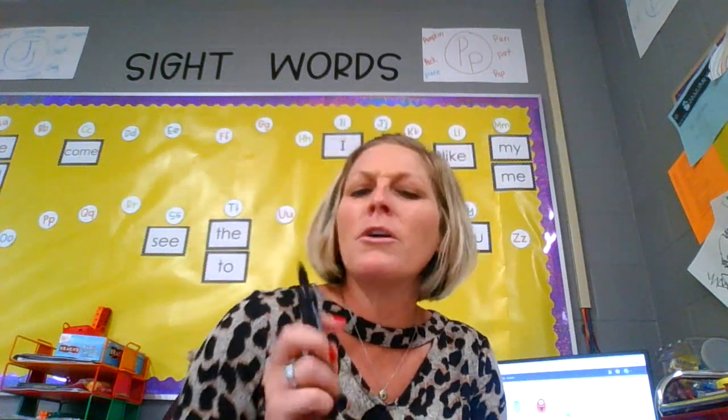And then we write a whole word and we put a space. So we need to make sure that we're doing that. And then we need to make sure that at the end of our sentence, we have a period. Okay, or a question mark if it's a question, or an exclamation mark if it's something really exciting. But for today, we're just going to be using the period.